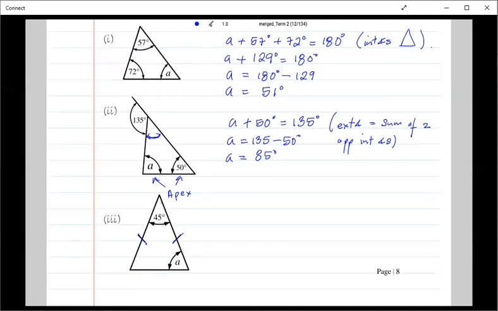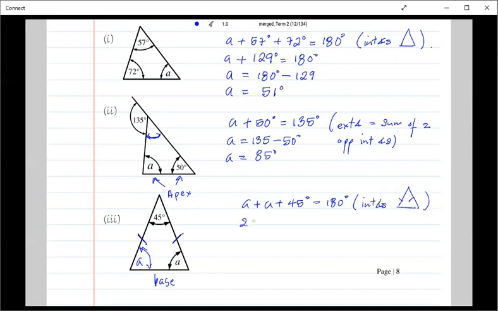Opposite from the apex is the base. And the two base angles of an isosceles triangle are equal. So if this one is A, this one over here is also A. So A plus A plus 45 is equal to 180 degrees. They are the interior angles of an isosceles triangle.